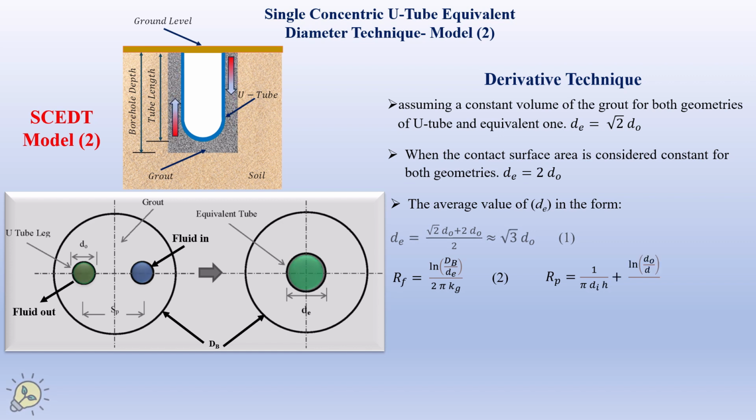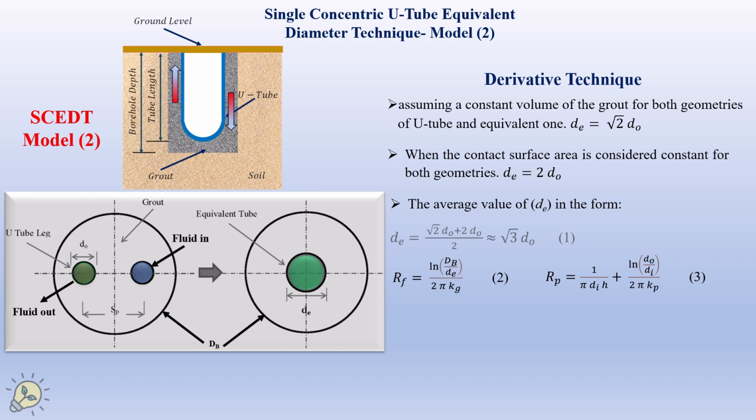And we have the R sub P, which should be kept constant as well, which is composed of two components. The first term on the right-hand side represents the convection part, for example, as a result of the condensation of the refrigerant which passes through this heat exchanger, or maybe we are dealing with water which passes through this tube, or brine.